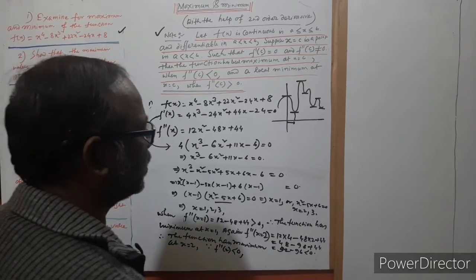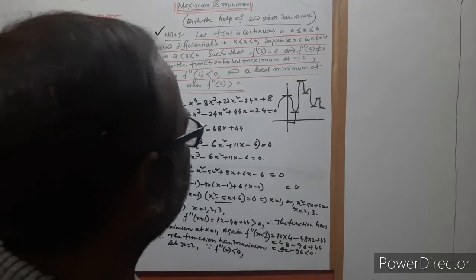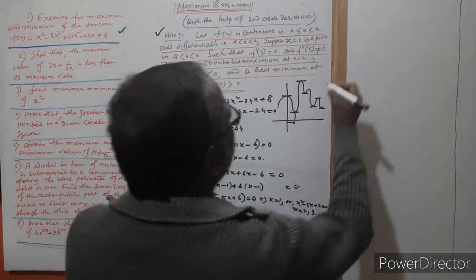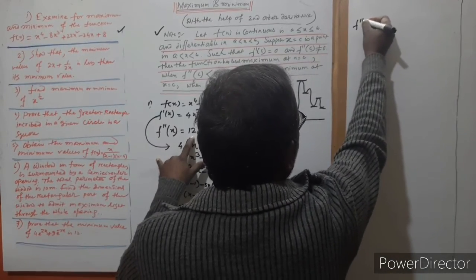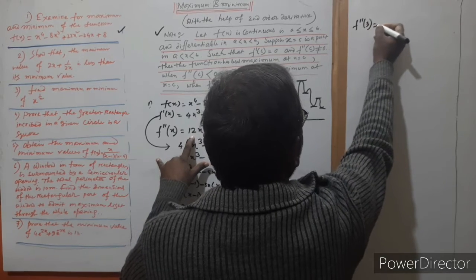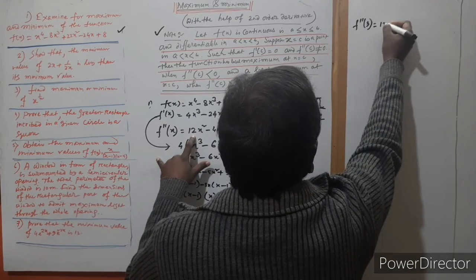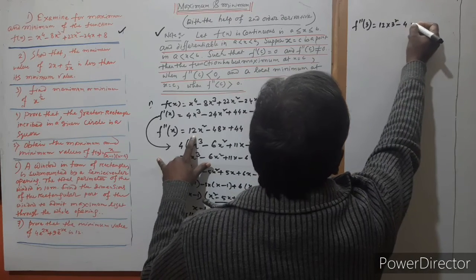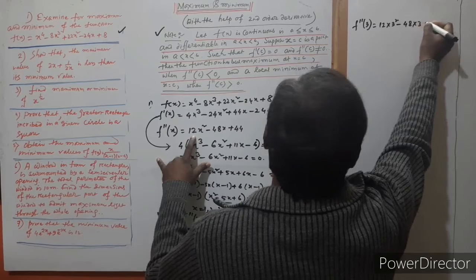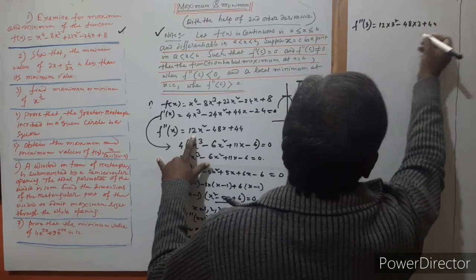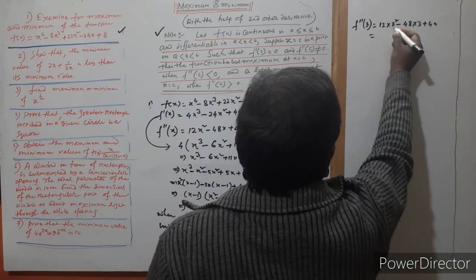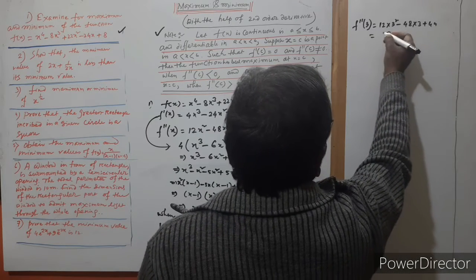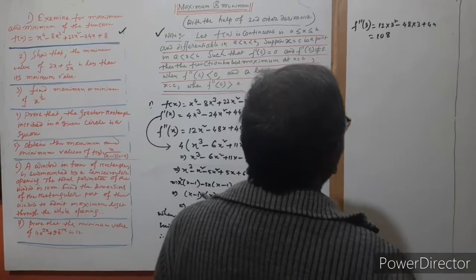After that we have to test at the point 3. So now see what happened. This is f double dash 3. So see, 12 into 3 square, 4 into 3 plus 44, 9 to the 18.